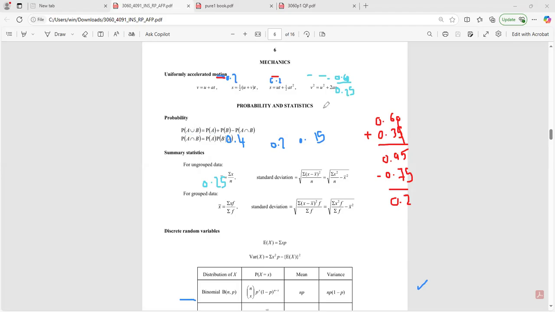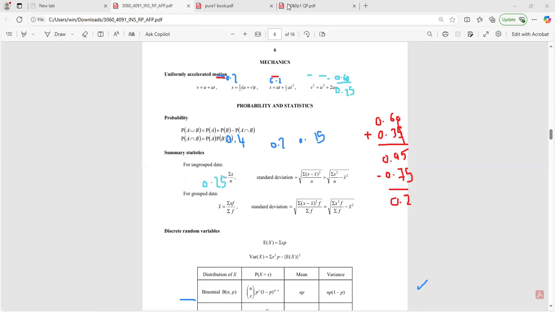Okay, and how to get B given A? To get B given A, we have to take the intersection divided by A. The rules you have in the formula sheet.